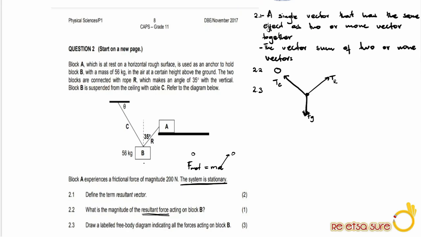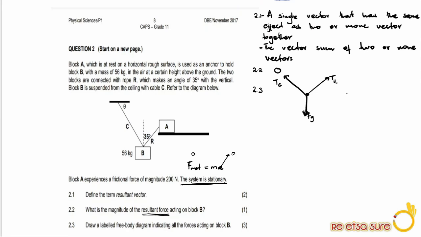But since block B is not sitting on a surface, we cannot have the normal force for this one. So please be careful. The normal force will only be there when our object is on a surface, either inclined or horizontal.